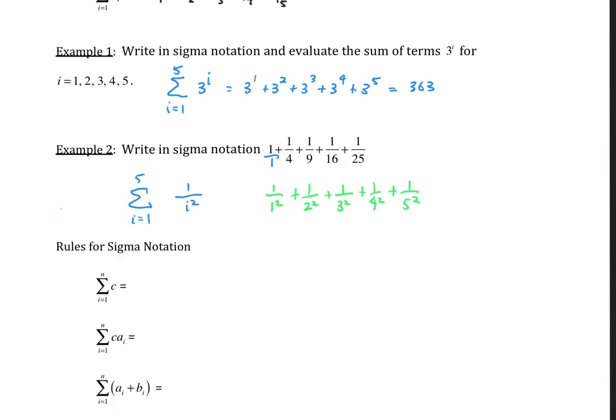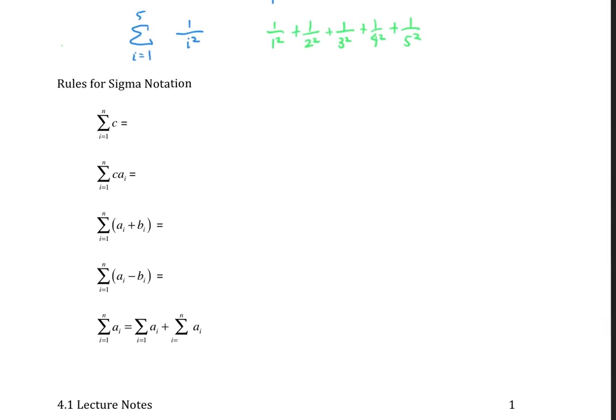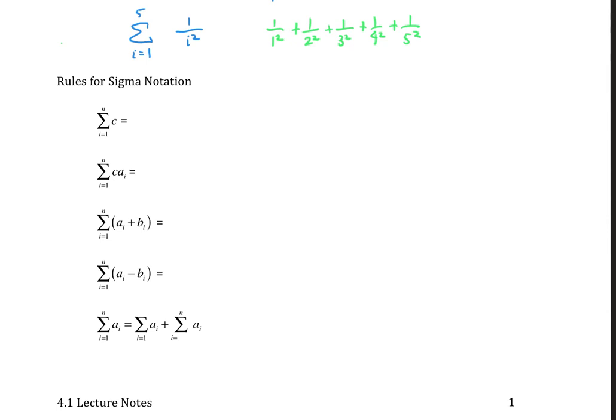So we have certain rules for sigma notation, and I want to tell you what those rules are now. When we look at the sum of a constant added to itself n times, that's just going to be n times c. If you think about it, we're really doing c plus c plus c plus and so on, plus c.